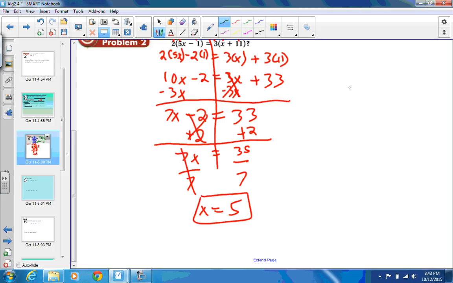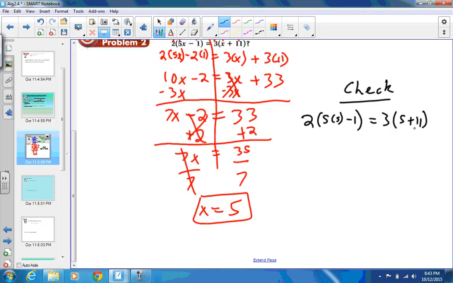Now our last step is to check. And here's where, if you show me that it's plugged in, then you can check it on a calculator potentially. That would be okay, because this is a lot. But we have 2 times 5 times 5 minus 1 equals 3 times 5 plus 11.